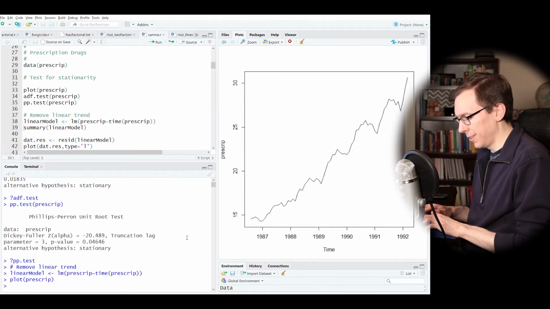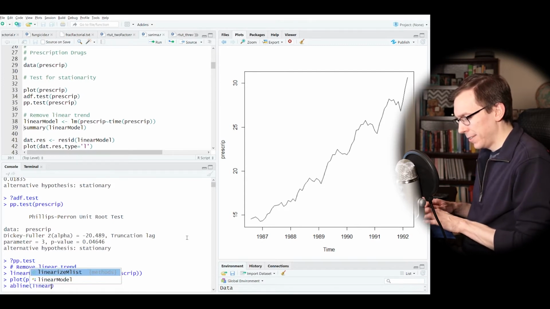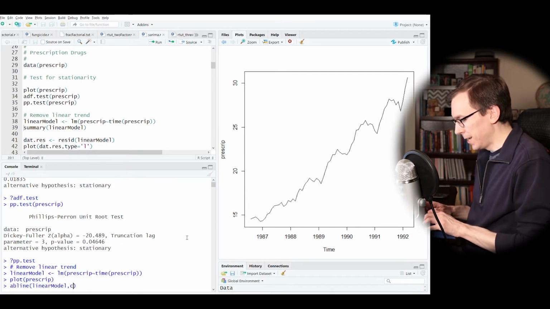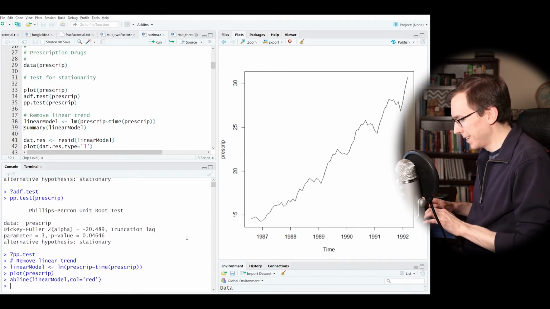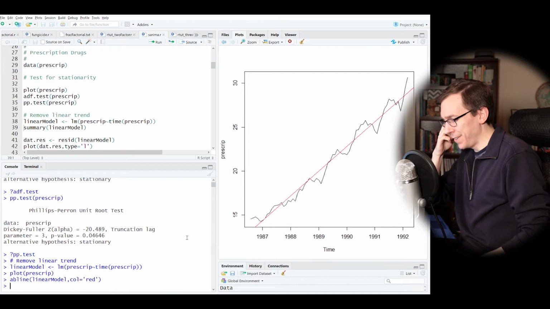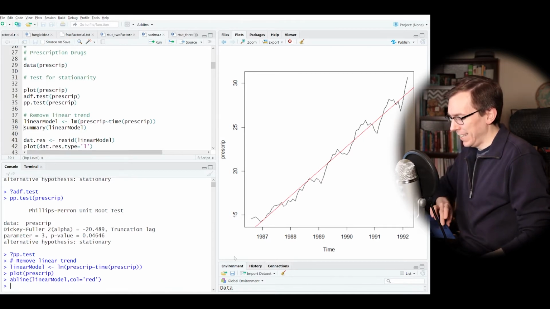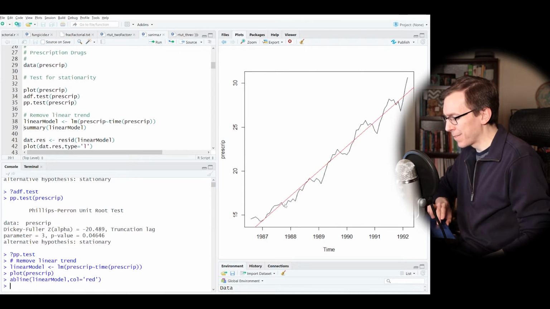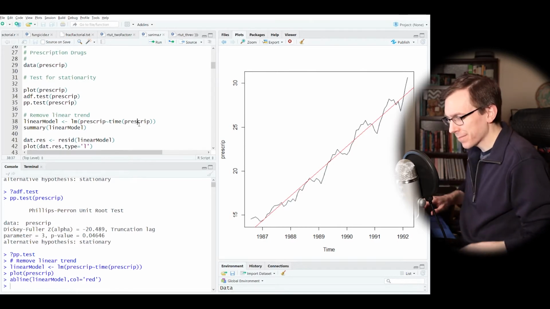It's always good to look at the models fitted to the data. And if we draw a line for our linear model, color it red, we get a straight line. And it actually looks like a pretty good fit, right? I mean, it's kind of hitting all of these humps here in the latter half of our time series.